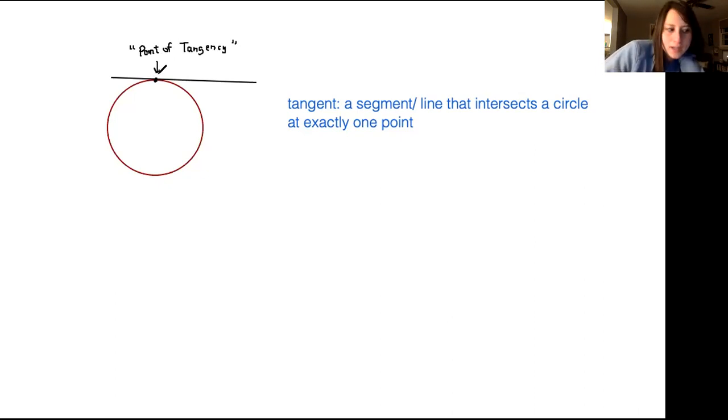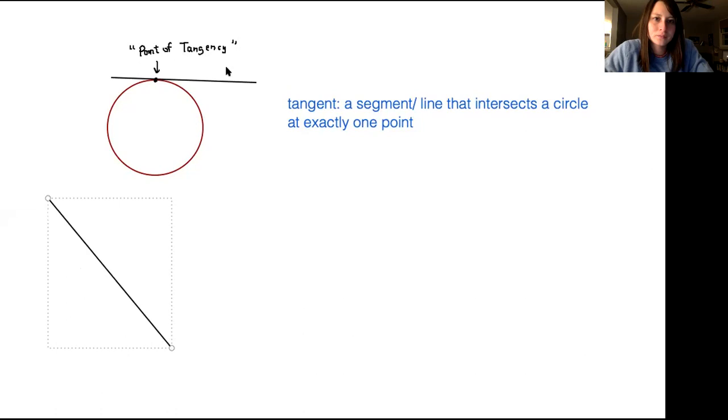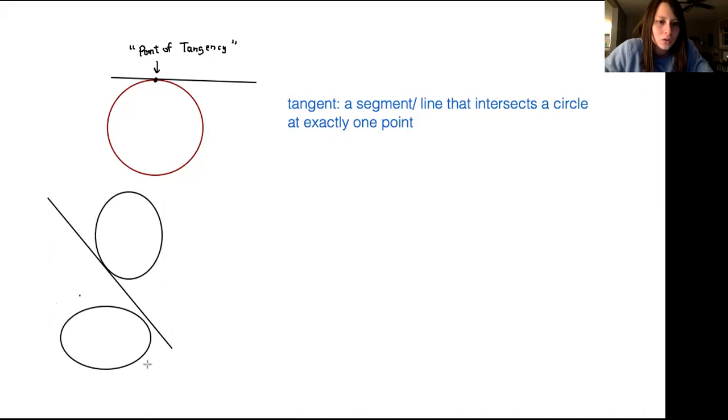So if we have a tangent here, and we could say if I have a tangent going like that, I could have a circle just barely touching it at one point. And then another circle.